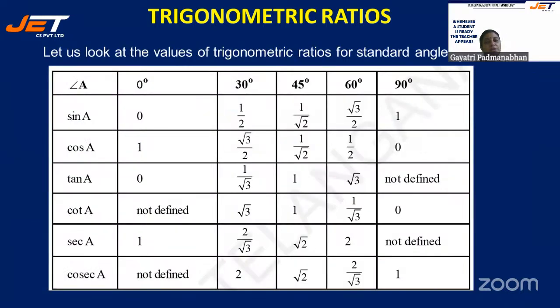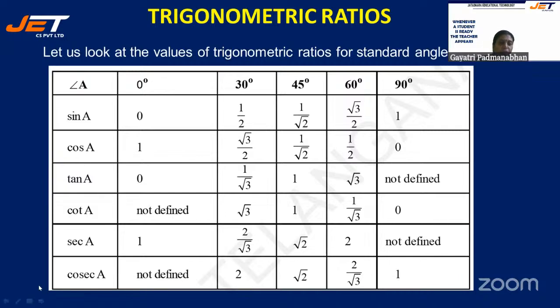Now this table, you should learn it. Very, very important. Sine 0 is 0. Sine 90 is 1. Sine 30 is half. Sine 45 is 1 by root 2. Sine 60 is root 3 by 2.